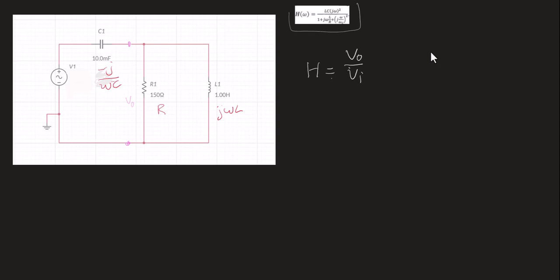And so if we look at our circuit right here, we can find it by voltage division. Our V out over Vin is going to be the same as the impedance of this part right here over the impedance of the entire circuit. So this is equal to the impedance of R in parallel with L over the total impedance.